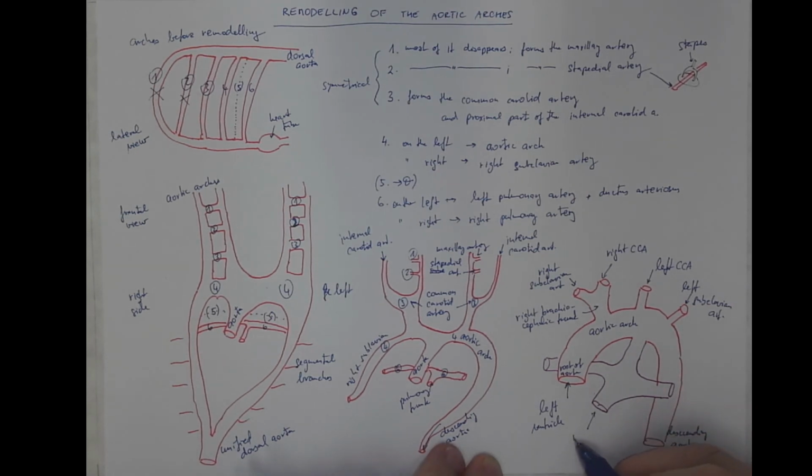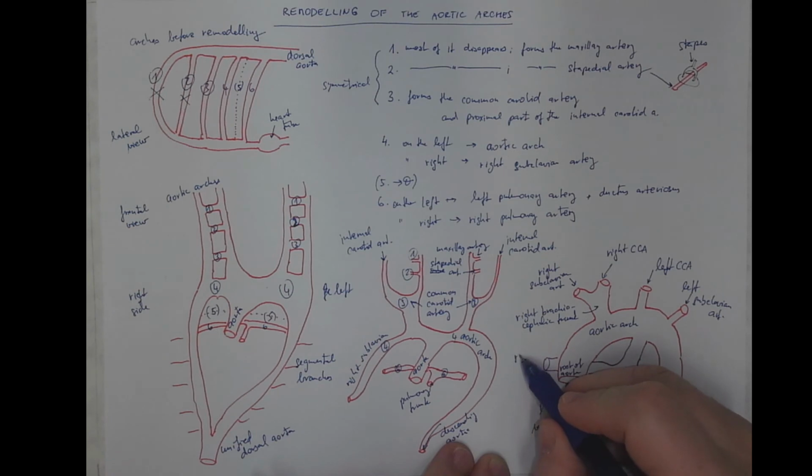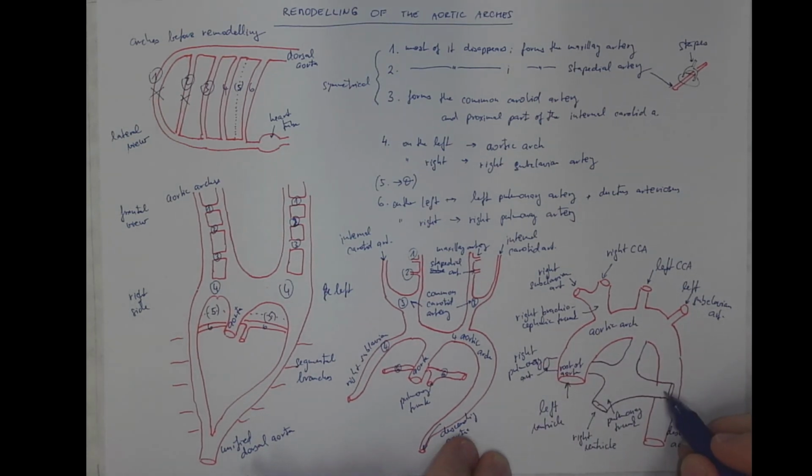The output of the right heart ventricle goes to the pulmonary trunk, which divides into the right pulmonary artery and the left pulmonary artery, and the connection between the pulmonary trunk and the aortic arch called the ductus arteriosus.